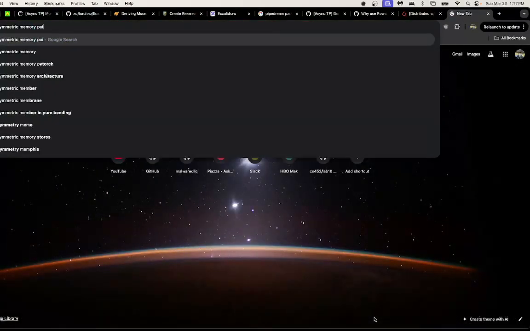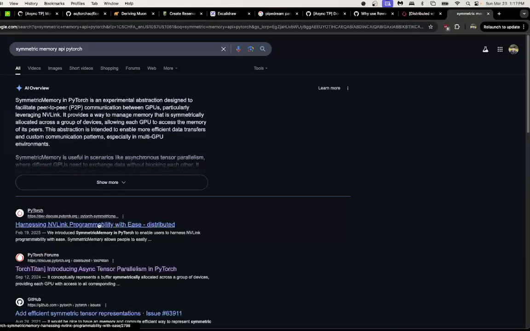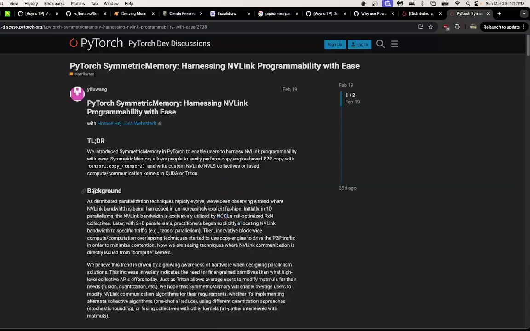It's called Symmetric Memory API, and this one is really crazy because it's basically a Python API to allow people to use. The way they sell it is like Triton for NVLink collectives, right? Triton is the Python API that allows you to get away from gnarly C++ CUDA, Cutlass stuff to do kernel writing. It's the Pallas equivalent.